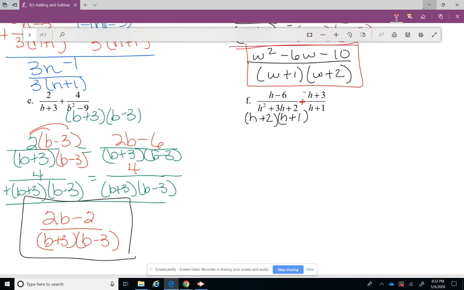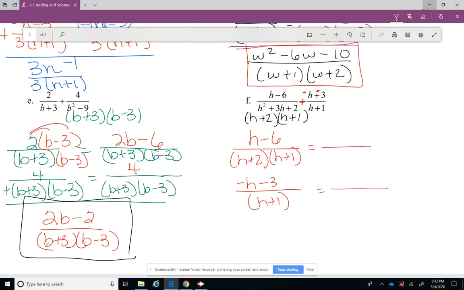I'm going to distribute the negative, make this negative, and make that negative. So we have h minus 6 over h plus 2 times h plus 1 equals, and then we're going to have negative h minus 3 over h plus 1 equals.